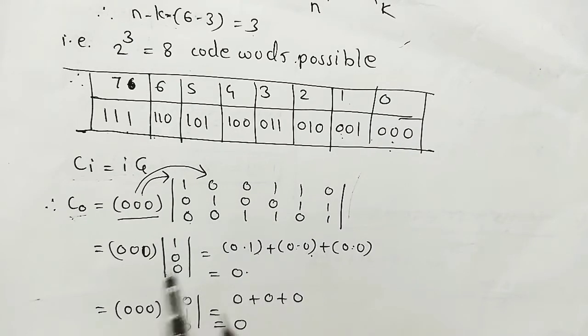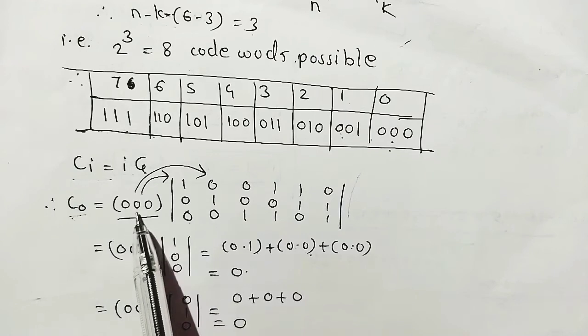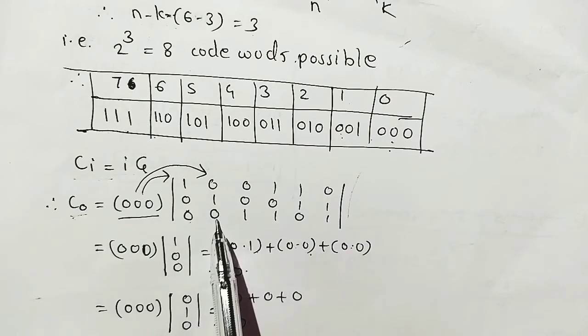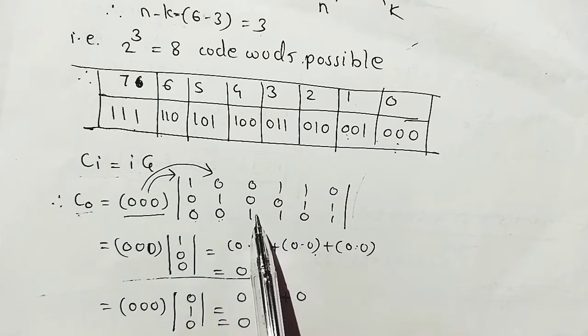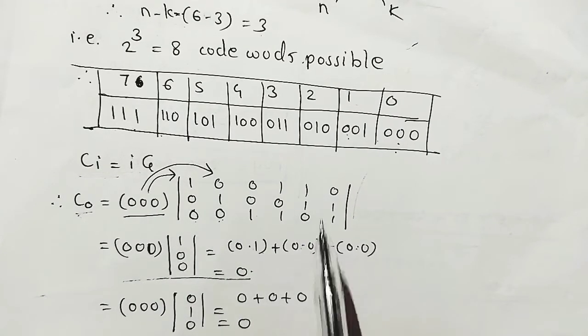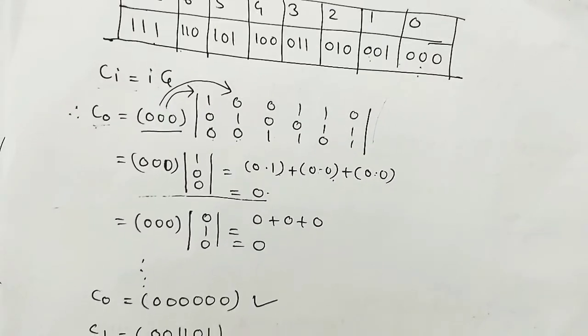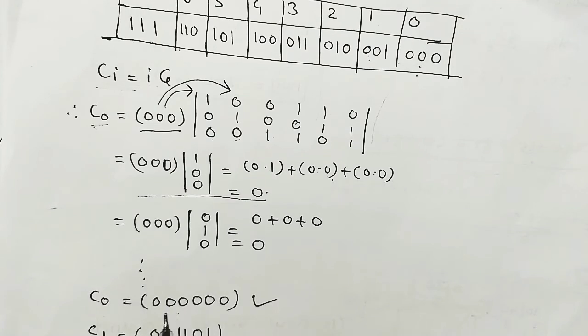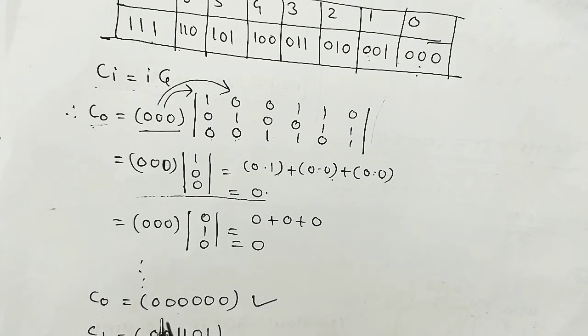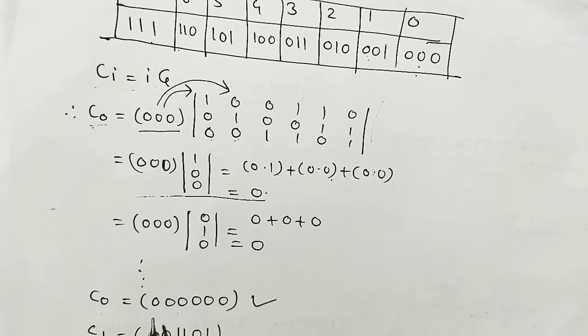Like this, multiply with the second column, the third column, the fourth column, and so on for every column. Our value for C0 is all zeros, because anything multiplied with 0 is always 0. So the C0 code word is all zeros.